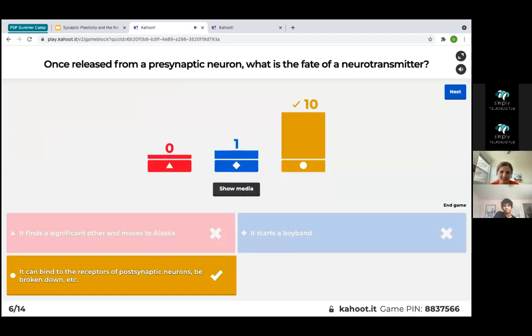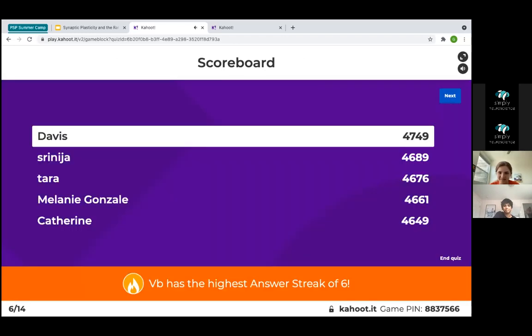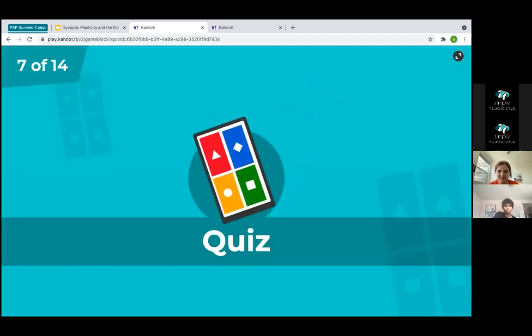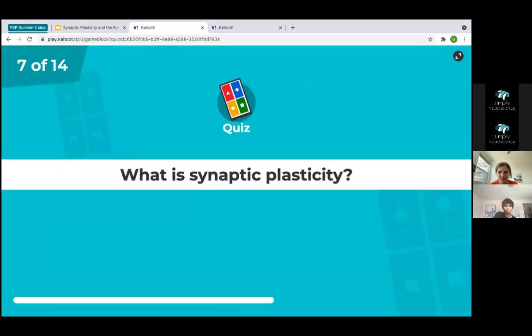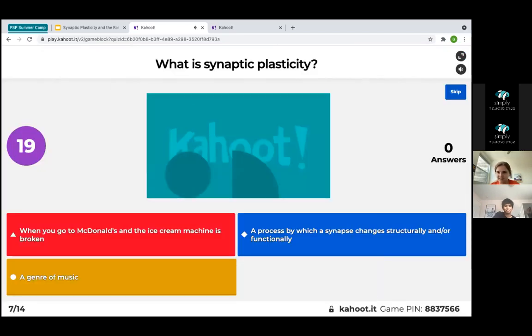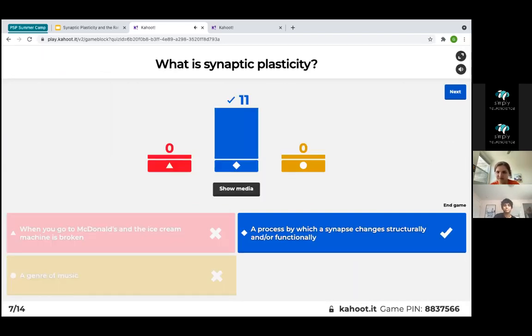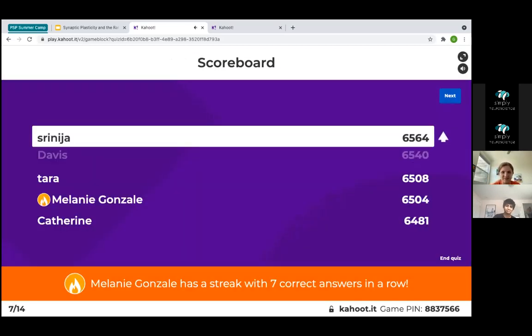Nice, that one was quick. You all learned a lot. This is awesome. All right, let's see, we're about halfway through. Push through. What is synaptic plasticity? Nice, 100% again. Look at you all go. This is awesome.